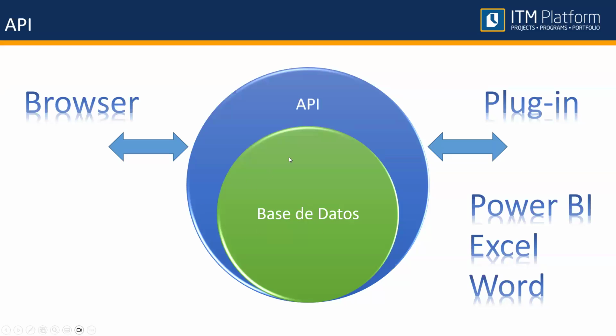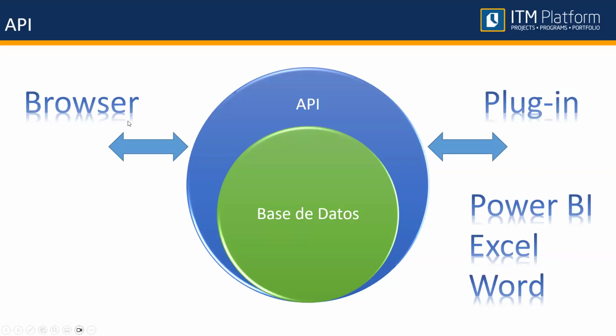So we do not interact directly with the database, right? Our data is contained in a database, but in order to manipulate it, in order to make changes or create stuff, create new projects, update them, we use the API. Though most of the time we will use the browser, right?